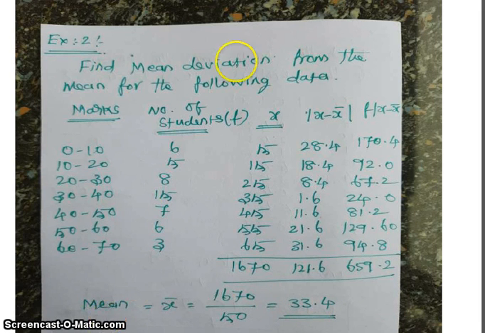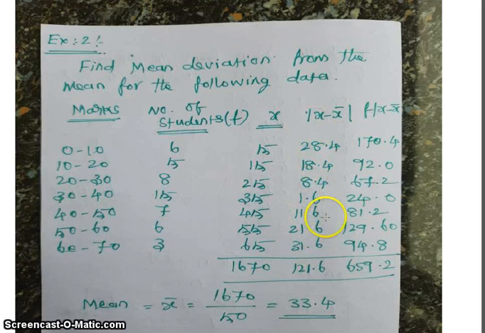Okay, mean value calculated. Then you have to calculate the absolute values of x minus x bar. x is 5, minus x bar 33.4, so 28.4. Like that, calculate the x minus x bar value for each.